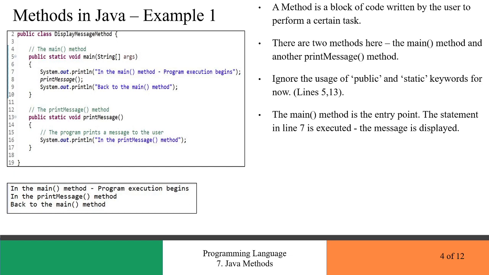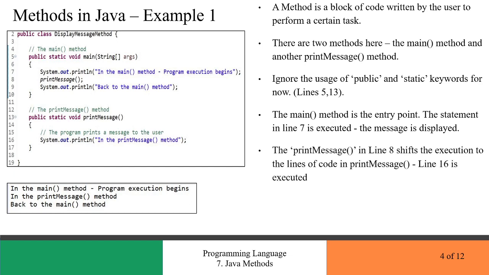As a part of line 8, we are making a call to the printMessage method, and thus all the code which is present inside the printMessage is executed, which is the line 16. Once the code inside the method is executed, the control returns back to the next line in the main method, and line number 9 gets executed. Once this line gets executed, the program execution ends.